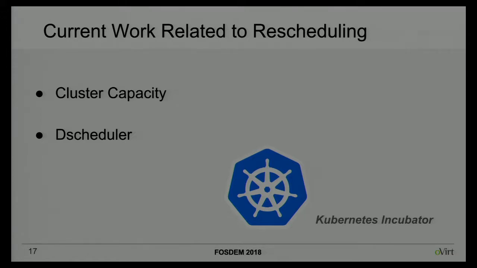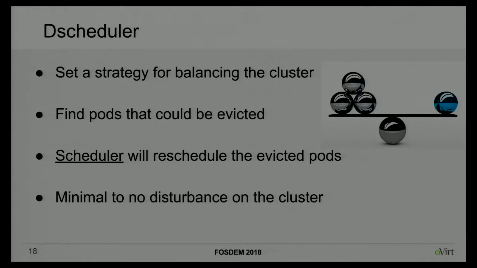So we're coming now to this scheduler. It currently looks like something closer to a complete load balancing solution. Like classical load balancers for workloads, you set a certain strategy or policy.